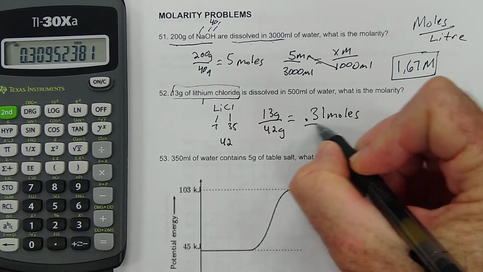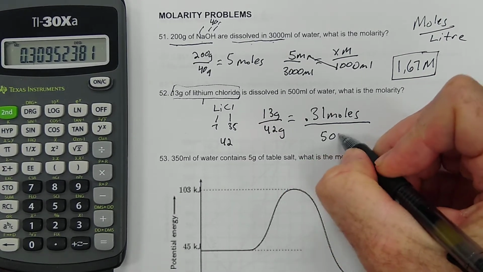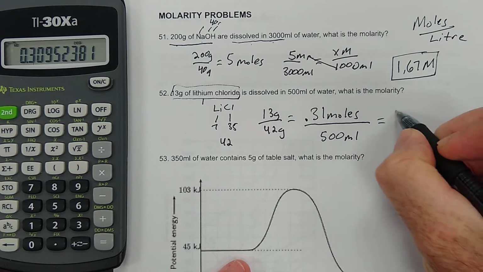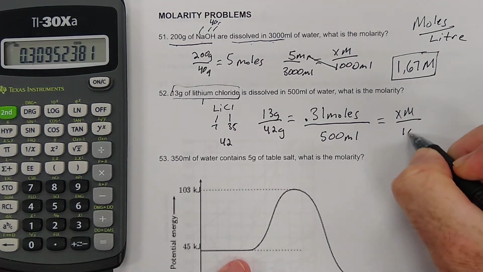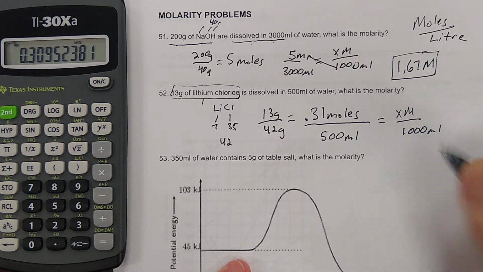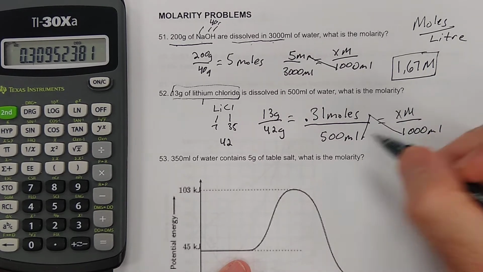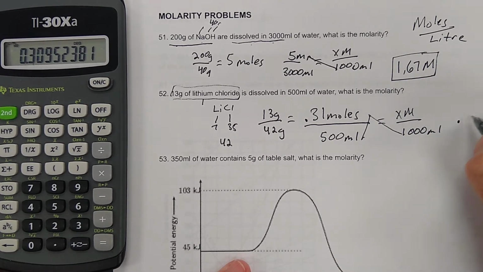So we have 0.31 moles in 500 milliliters. That will be equal to how many moles per liter, per 1,000 milliliters? We'll cross multiply. That will give us 0.62 molar.